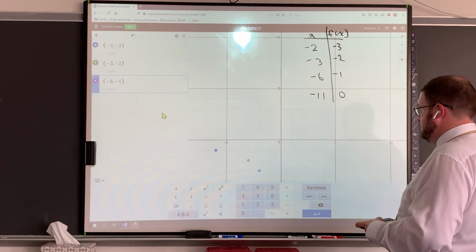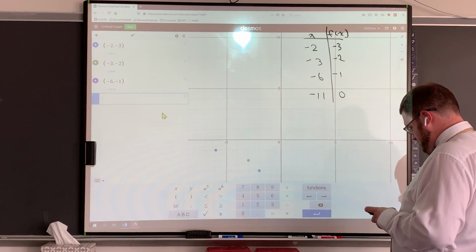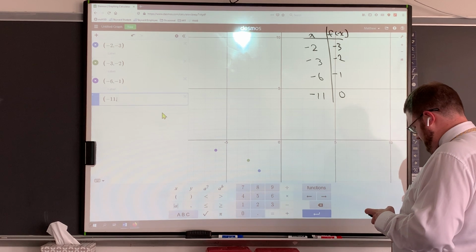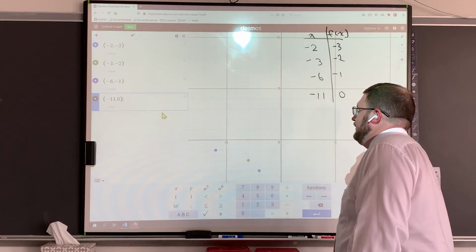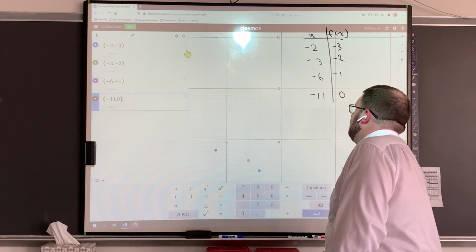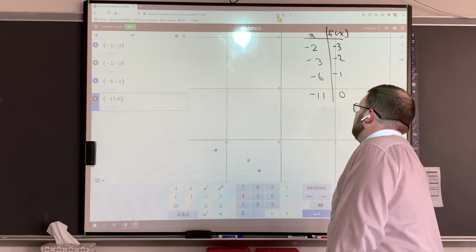And you'll notice that as I'm doing this, I'm making sure to do it in parentheses. Let me zoom in on this some so it may be a little bit easier to see.